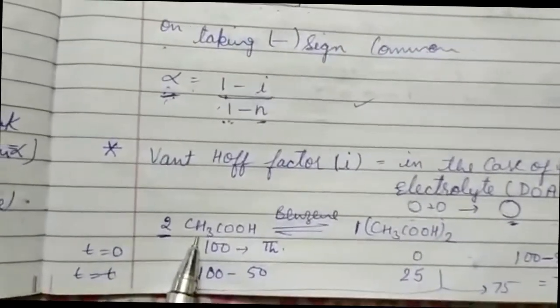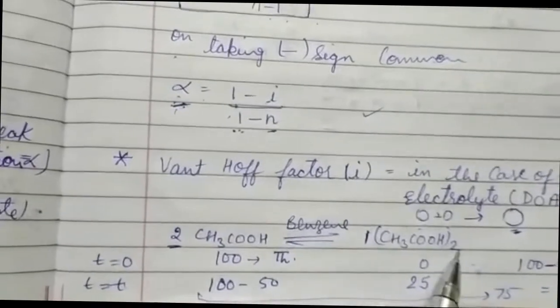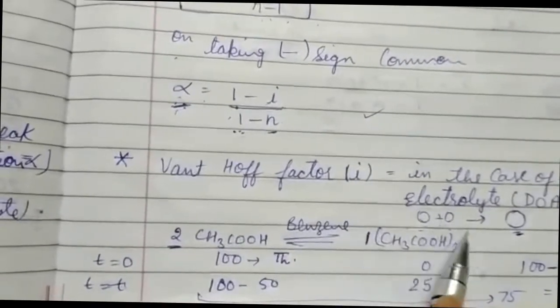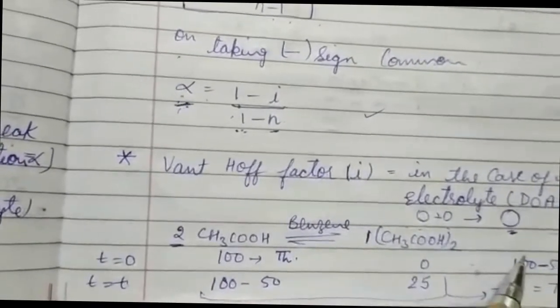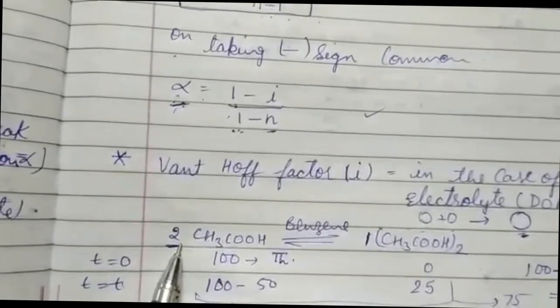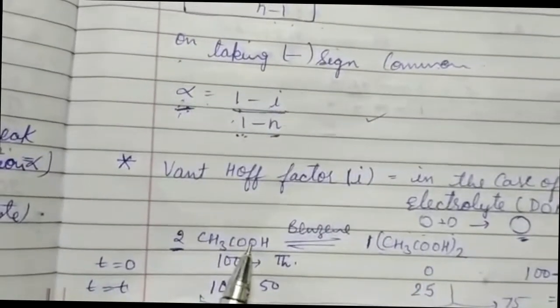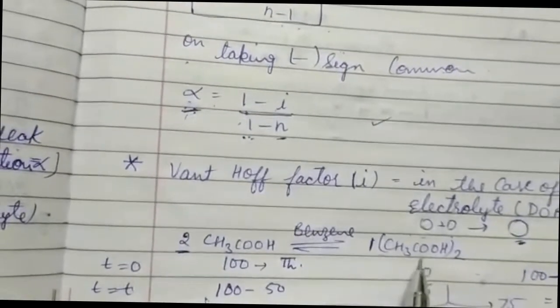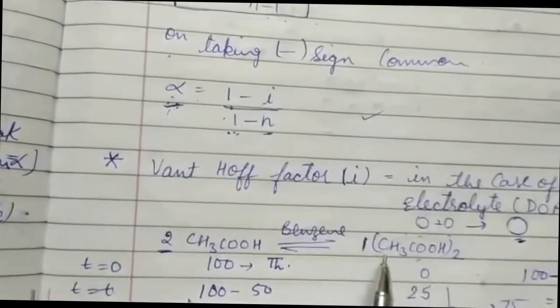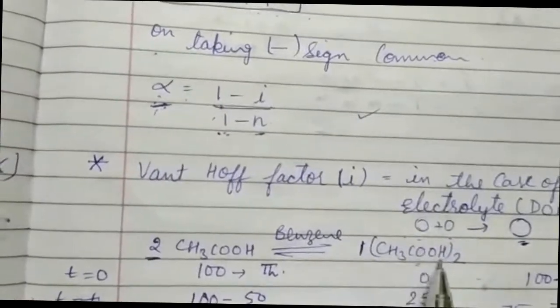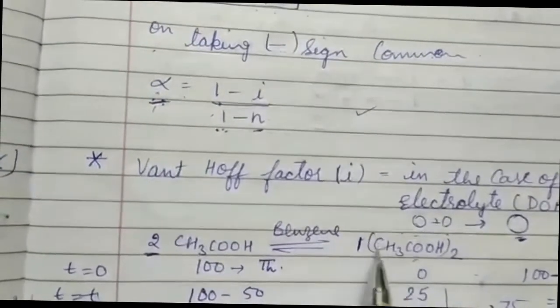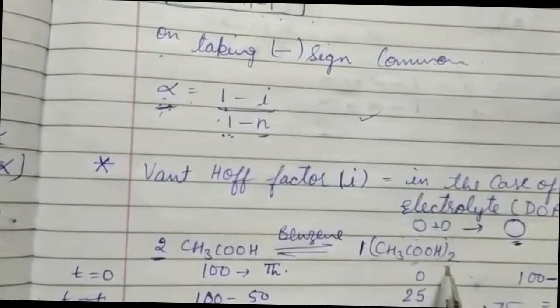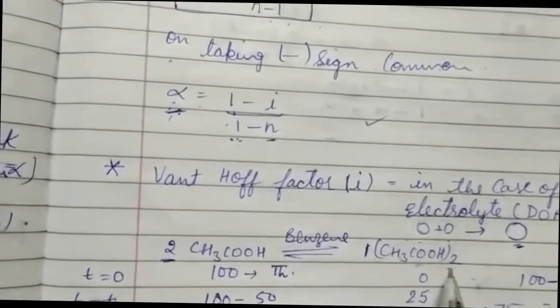So when acetic acid dissolves in the benzene solvent, it will undergo dimerization, meaning two particles combine together to form a big particle. Suppose we have taken two molecules of acetic acid. When they undergo dimerization, they will form 1 mole of dimer. How can we show the dimer? For acetic acid we write CH3COOH in parentheses, and 2 in the right-hand subscript.